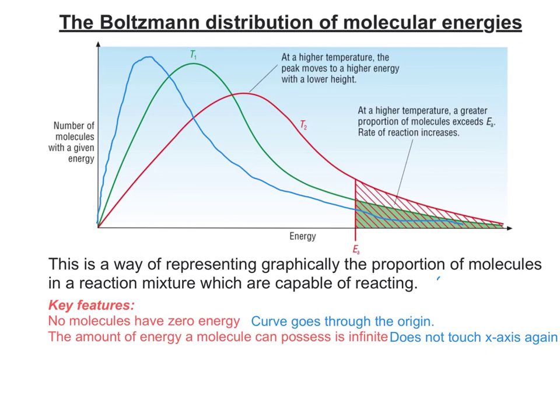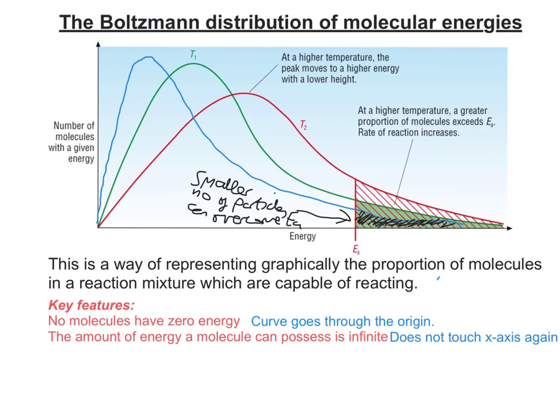It doesn't touch the x-axis again. And what happens here is only a very small proportion of the same particles can actually overcome activation energy. So this will be a smaller number of particles that can overcome EA.